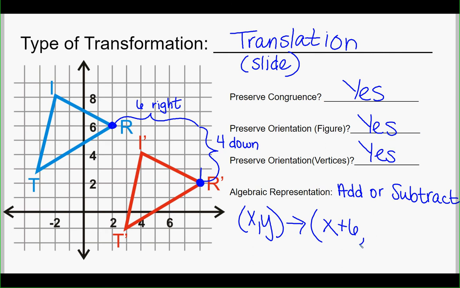So if we go to the right, we're going to add. Up and down is going to affect our y value. So if we go down 4, we're going to subtract 4. So there's your algebraic representation for translations. Okay, let's look at the next one.